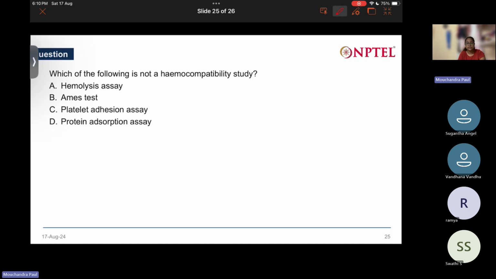This is another question. Which of the following is not a hemocompatibility study? Hemocompatibility is a fancy way of saying blood compatibility, by the way.